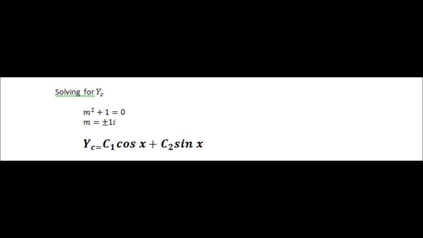Let us now solve for the yp. I solve yp using the method of undetermined coefficients. You can solve this using variation of parameters, but I choose the method of undetermined coefficients for simplicity. So I divided the right hand terms into 2, the cosine x, and the other is the 3 sine 2x.